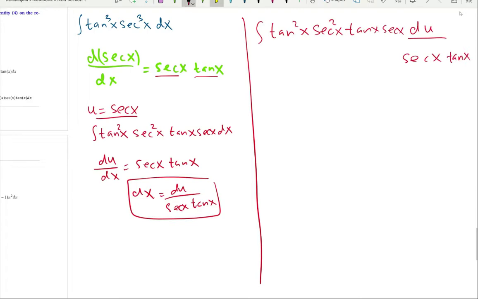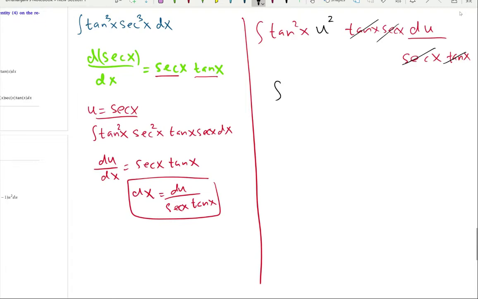So secant x and tangent x cancel out, right? u is secant, so this should be u square, right? All right, so this is what we have. As you can see, if we choose our u to be secant, then we can split out secant and tangent, and then secant and tangent cancel out, again maintaining that relationship.